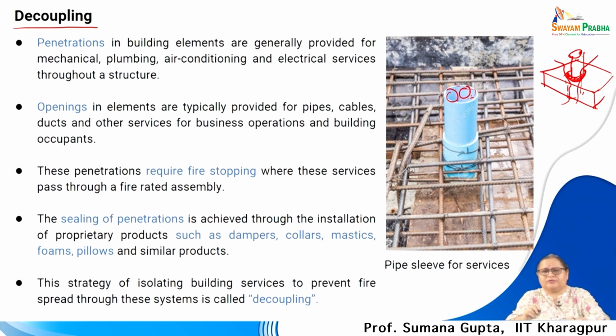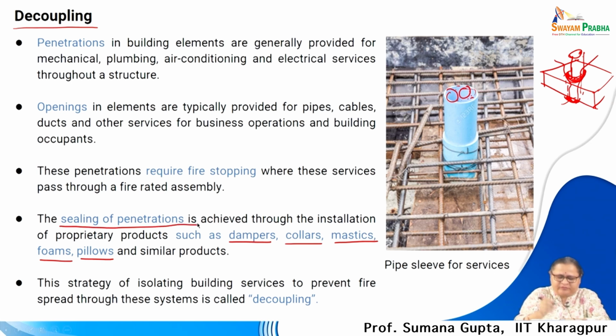So, to stop that, you have to seal this and seal this lower part, which is called decoupling, means you are breaking the two. How to do it? Dampers, collars, mastics, foams, pillows and similar products can be used to seal penetrations, and the phenomenon is called decoupling.